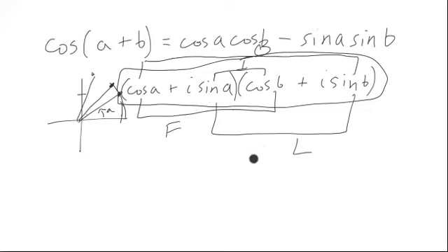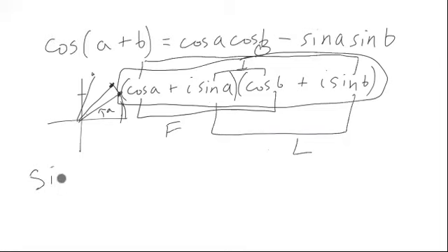Notice that the real part is going to be made up of just the first and the last, because when we multiply this times this, we have an i times i, which is negative 1. Notice that's exactly how this came about: cosine A times cosine B minus sine A times sine B, right there.